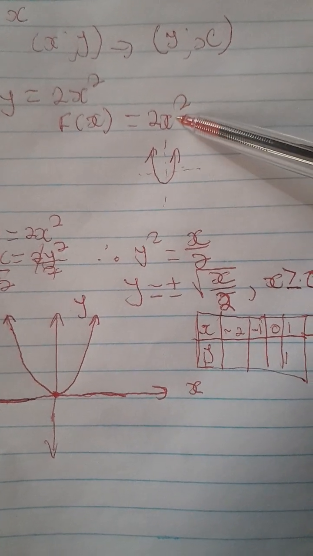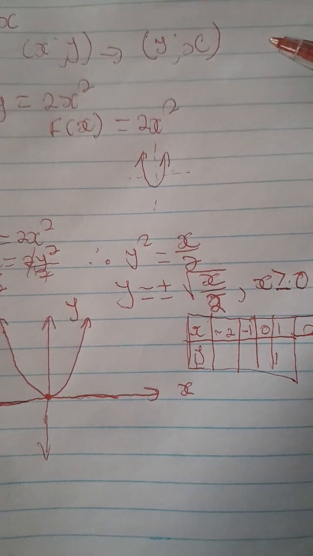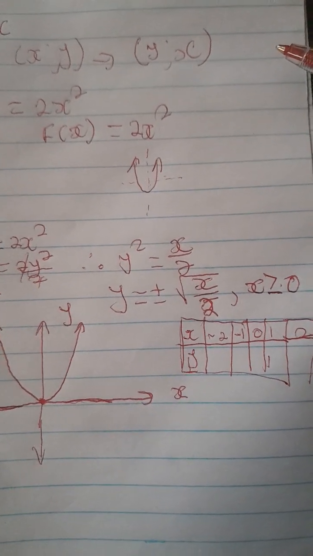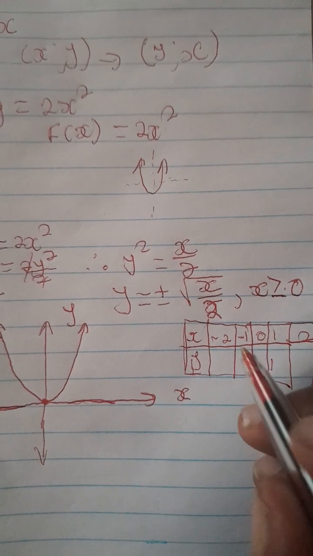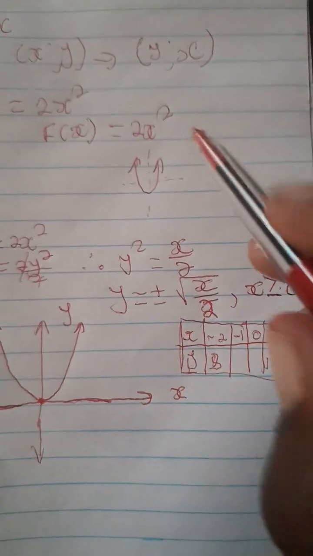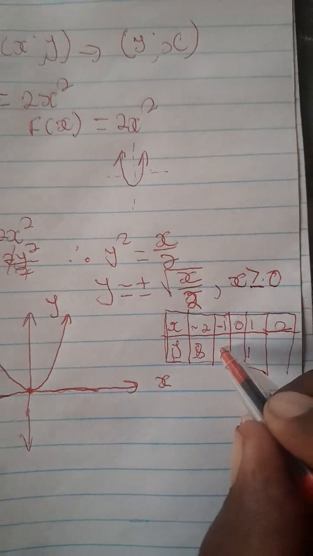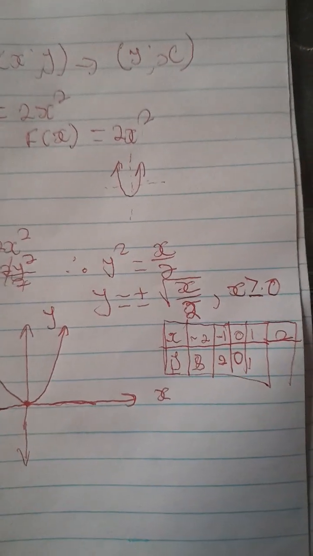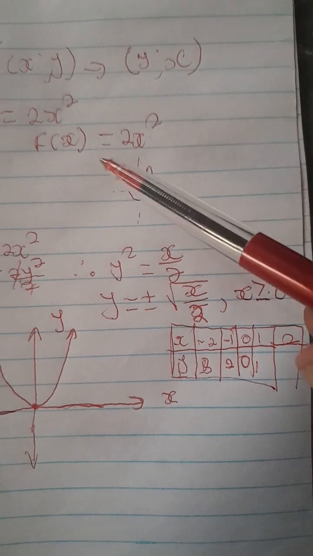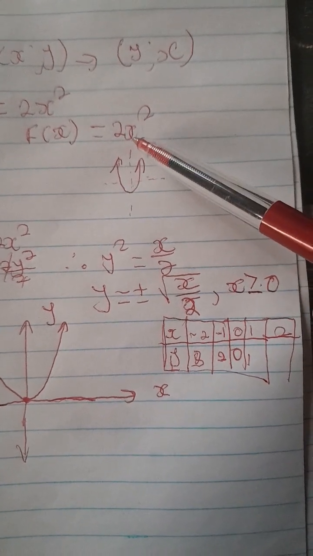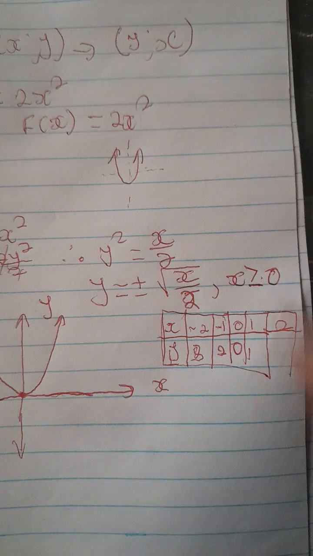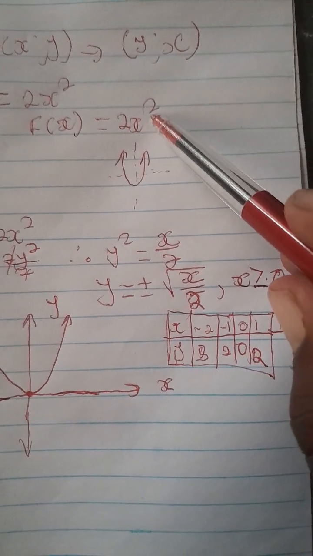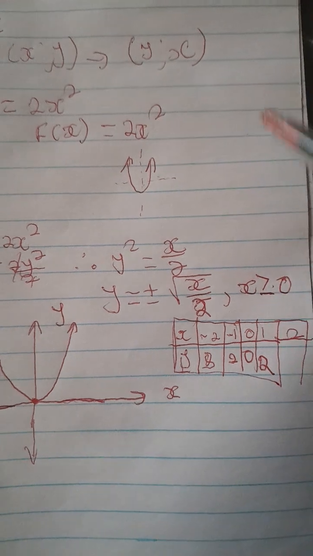This is the original graph here. If you put -2, you are going to have +4, and 4 times 2 will give you 8. If you say 0, that will be 0 as well. What about 1? 1 squared is 1, 1 times 2 will be 2. And 2 squared will be 4, 4 times 2 will be 8.